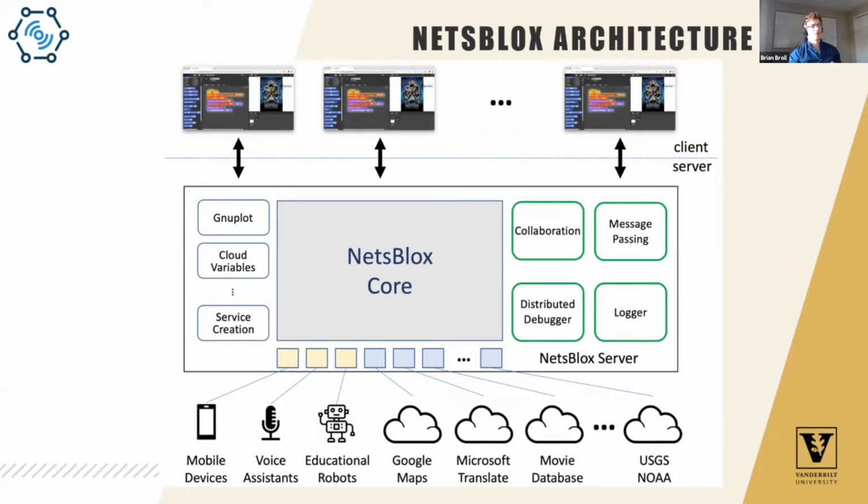And sometimes these services will reach out to other APIs like Google Maps or Microsoft Translate or the MovieDB. And other times we'll be connecting out to maybe educational robots, which we'll see in a moment, or mobile devices, which we'll also see in a moment, and voice assistants, which will be coming later as well.